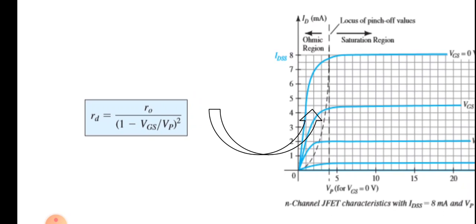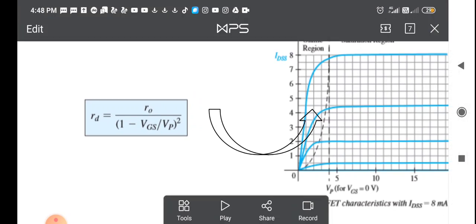So current is more, it means that the resistance is least. VP is a fixed quantity, a constant given by the manufacturer. So once VP is assigned, and if you keep varying VGS, if VGS is 0, you can see that RD is going to be R0 divided by 1.